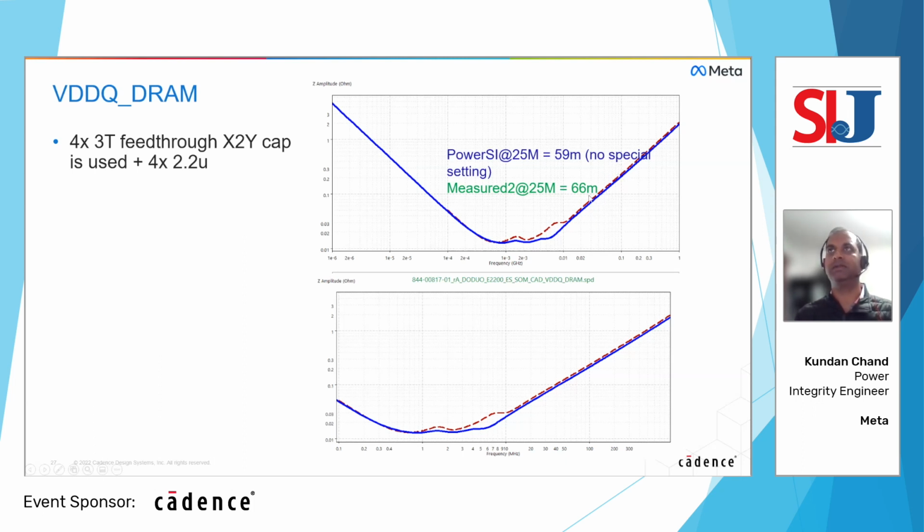Again, you can see around a 6 to 7 milliohm difference. I just want to mention that the PowerSI settings we use I'll be sharing in the later part of the presentation. But typically this is within that 15% correlation range.